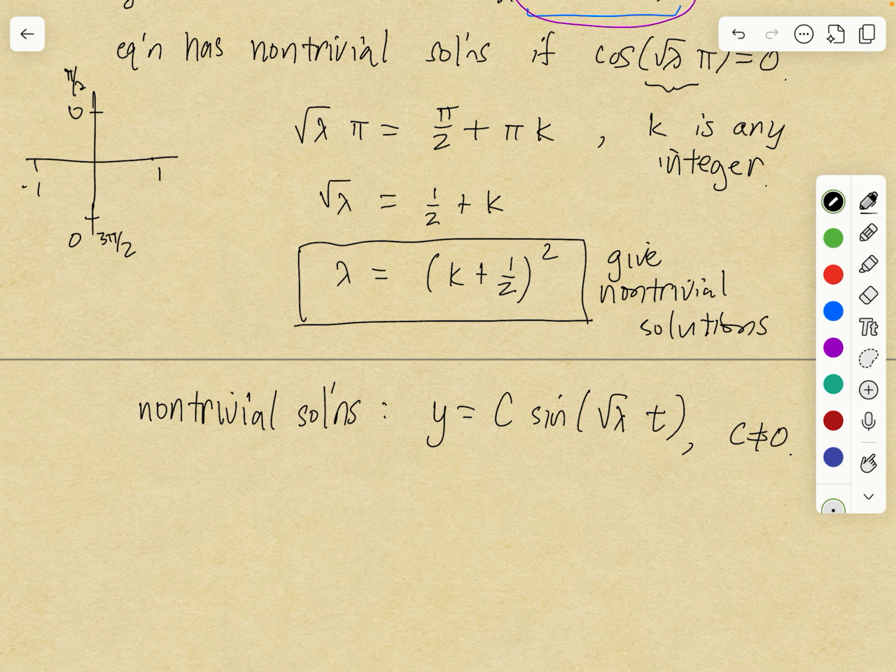Because if C were 0, then you would just have y is the 0 function, and we're asked what are the functions other than the constant function 0, the non-zero solutions. So we get y equals C sine of root lambda t, where C is not 0. Okay?